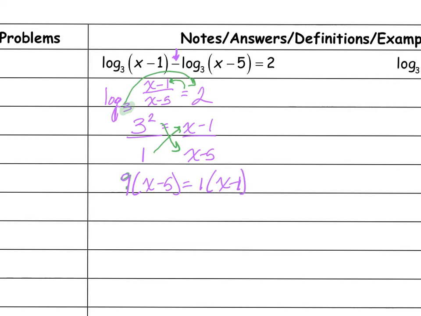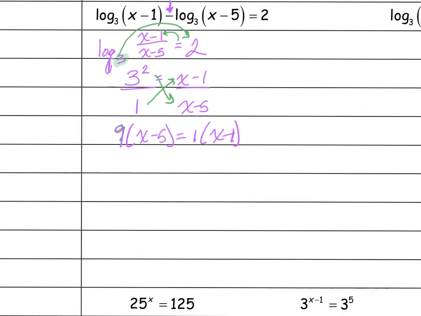Okay, let me give myself just as many lines as I can here. So 9x minus 45 equals x minus 1. Now I need to solve for x. Okay, so I'm going to subtract x, and I'm going to add 45.